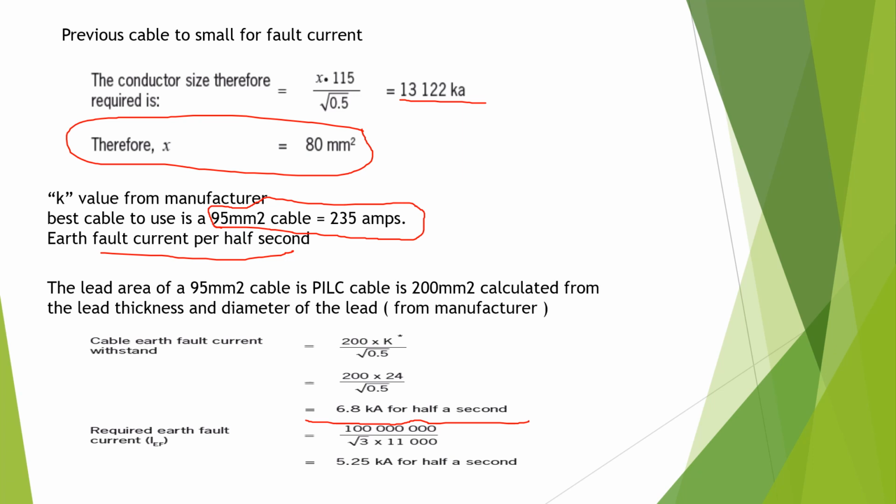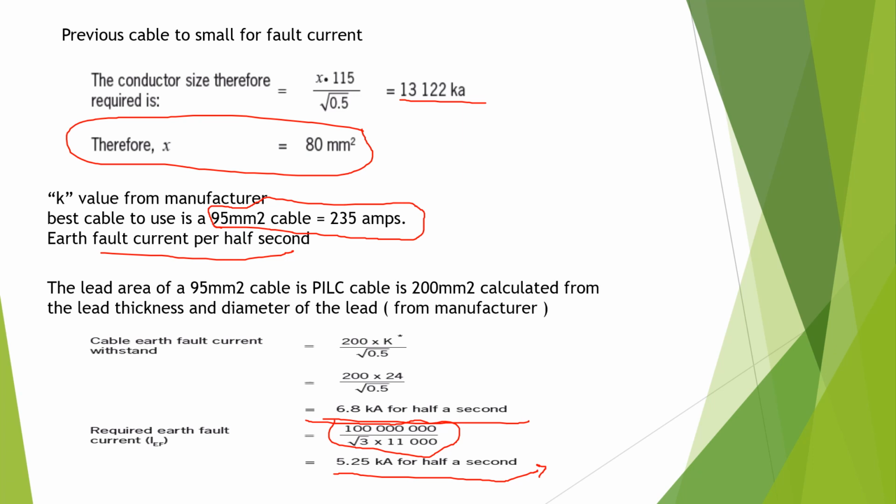And the quote that we are going to use, we calculate using this formula, and you will come to 5.25 kiloamps per half second.